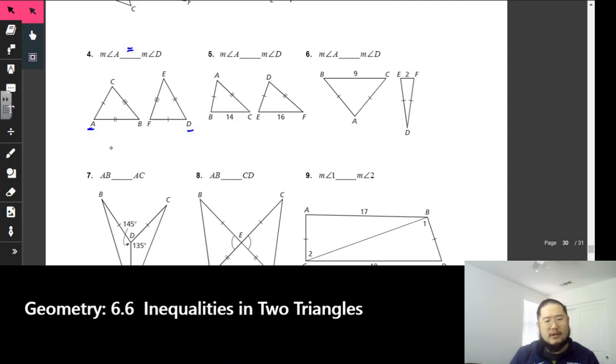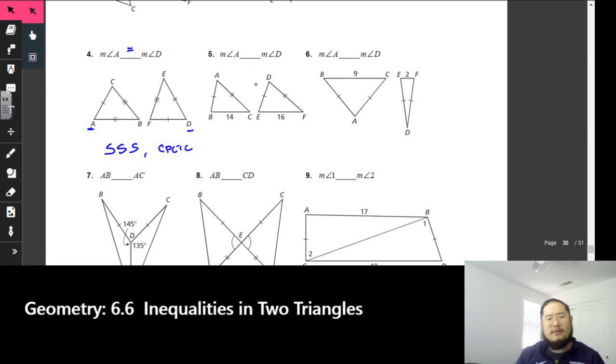These two triangles are congruent, and we have side, side, side. If the sides are all congruent, then we have two congruent triangles. We also have the angles to be congruent, because after that, we could say that all the different parts are congruent. And then don't forget about CPCTC. So number 4 is a little tricky right there as far as the explanation of it.